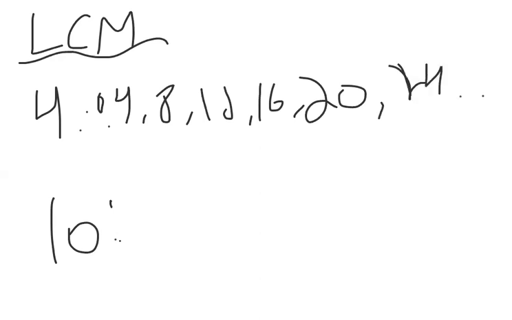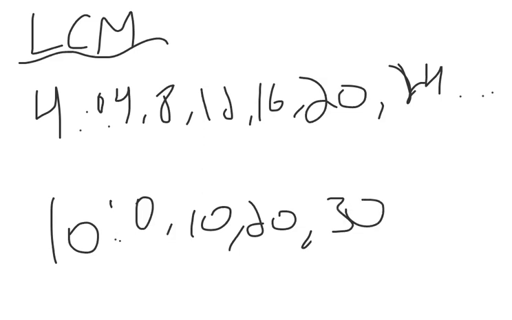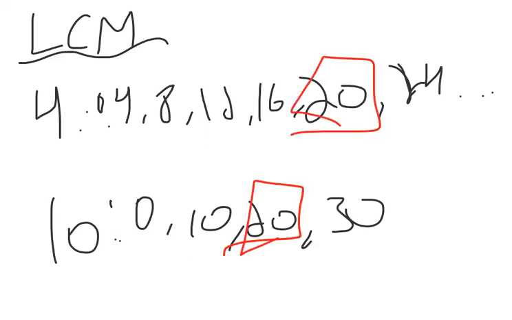This goes on forever, so you can't have a greatest common multiple, as I mentioned. For 10: 10, 20, 30. I see 20 right here and right here, and that's the least one. So the least common multiple of 4 and 10 is 20.